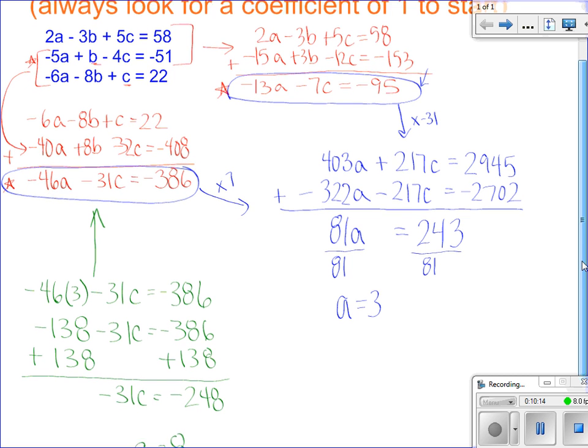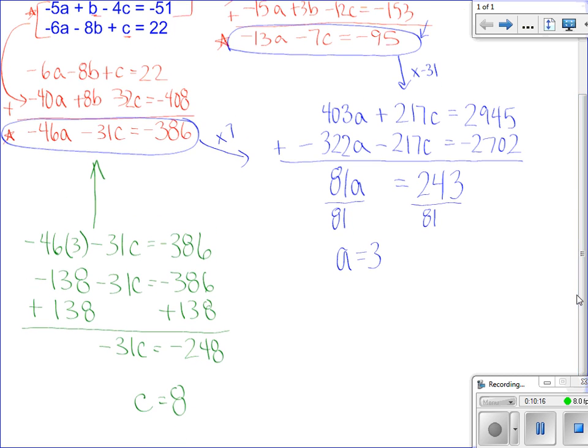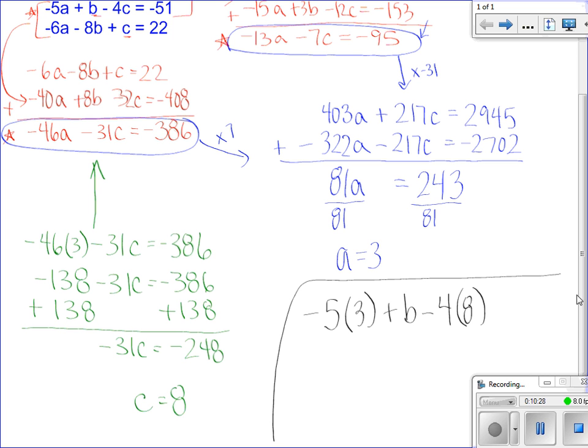So we'll do negative 5. We know our A value. We know our C value. Now we can solve for B.